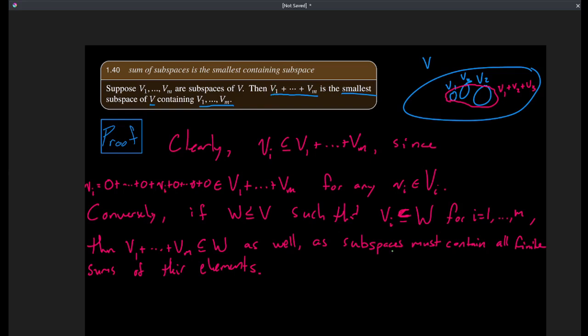Since that has to be in W by closure under addition, which follows from W being a subspace, then W contains the sum. Cool. Relatively straightforward. What do you think? Not too bad.